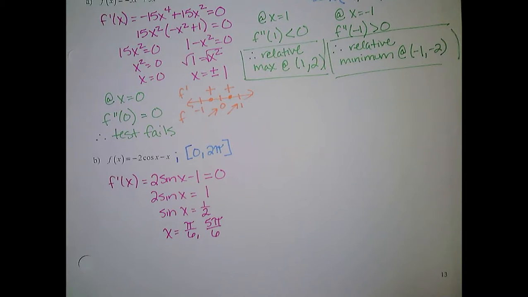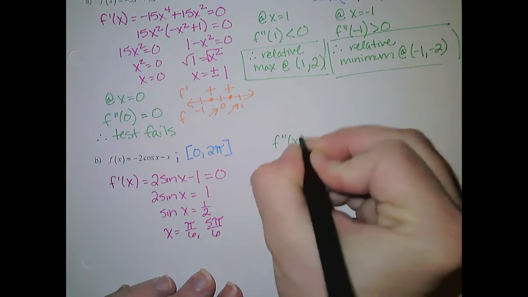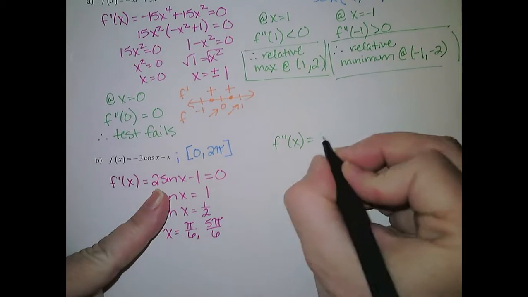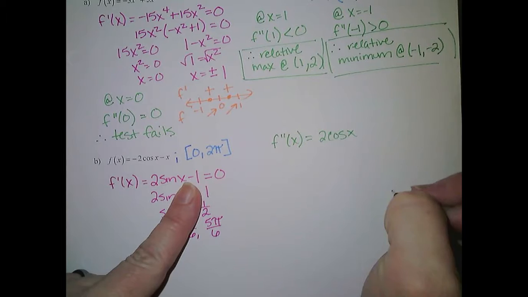So now we need to check the second derivative at each of these values. So the second derivative of f will be the derivative of 2 sine of x, which is 2 cosine of x, minus the derivative of 1 is 0.